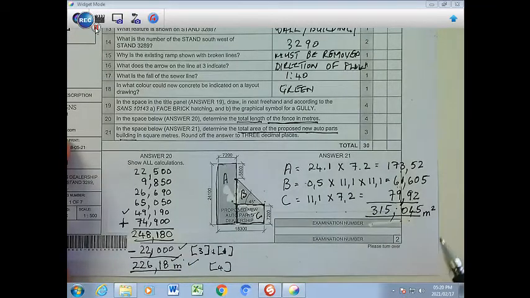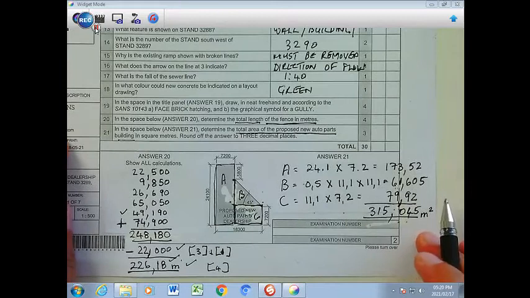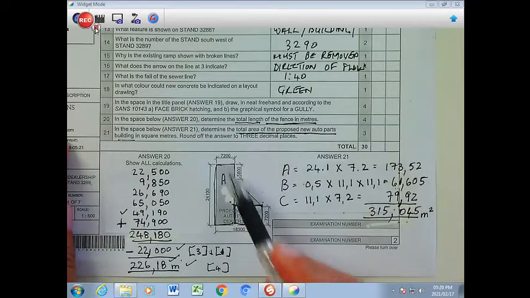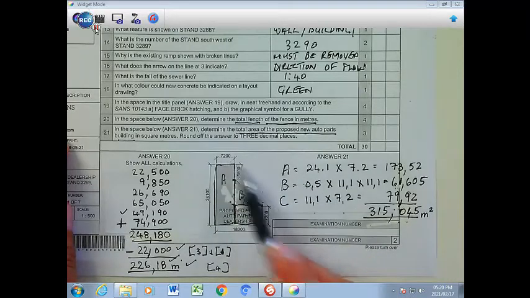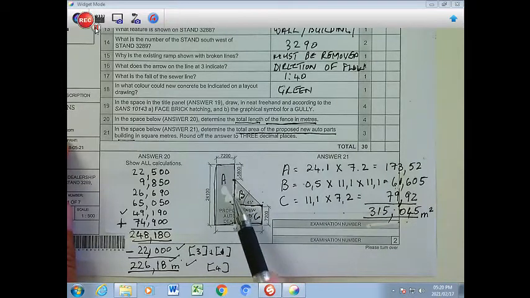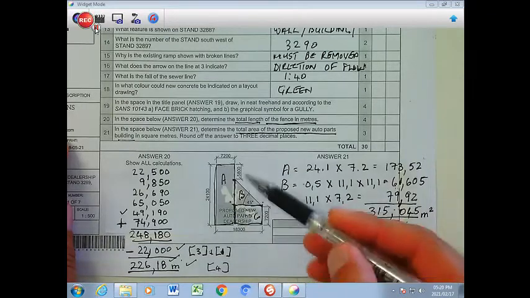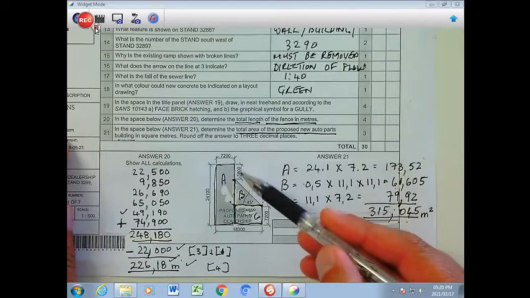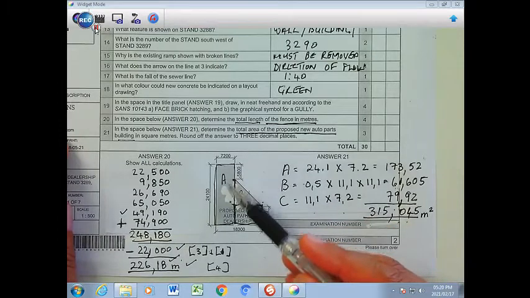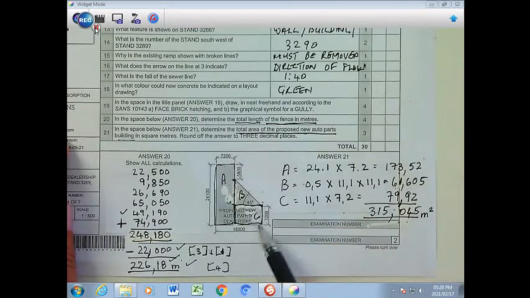This is the calculation that we derived, and you will find A is the 24.1 times 7.2, which is there, and then we have B, which is the 111.1, which is the area from here to there, and it has been subtracted from the 24.1, and that 5.8 there to give us this distance here, and the same we've applied some calculations here to find the distance here.